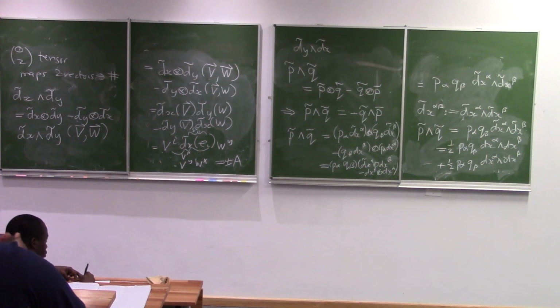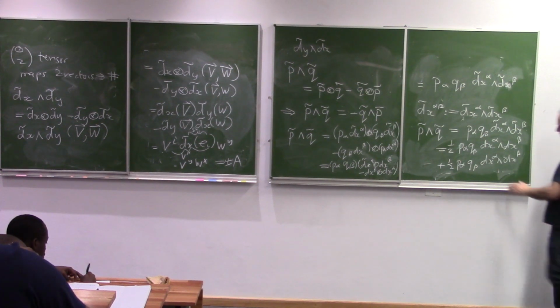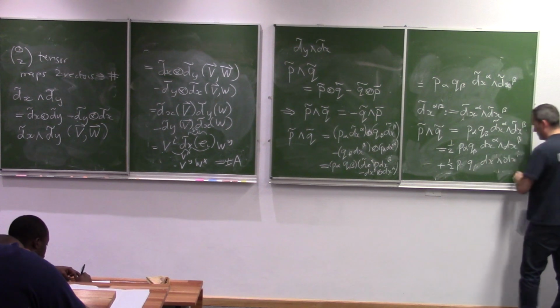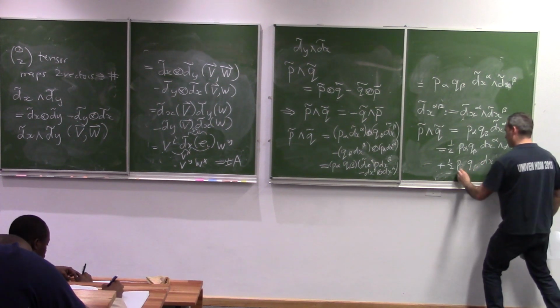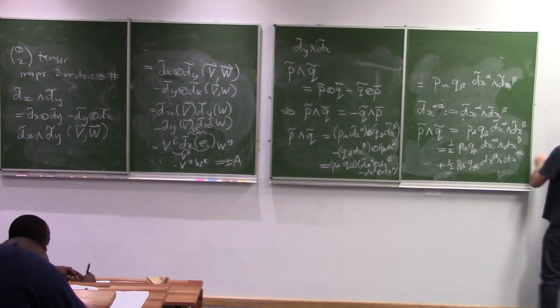Now what I'm going to do is relabel the alphas to betas and the betas to alphas. So that's P beta, Q alpha, beta.